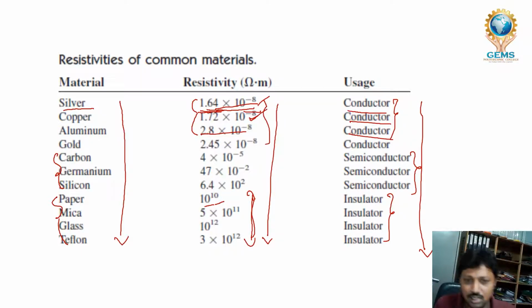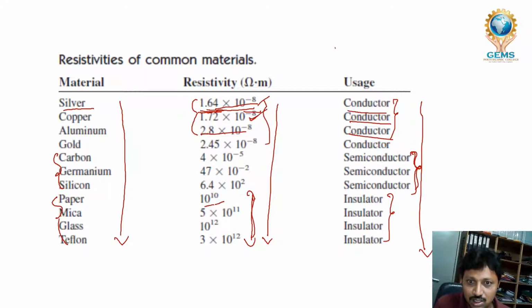The resistivity is very low in conductors, medium in semiconductors, and in insulators the resistivity is very high.